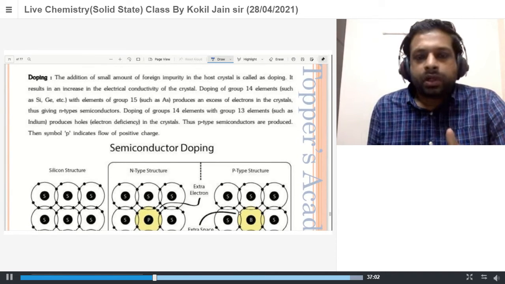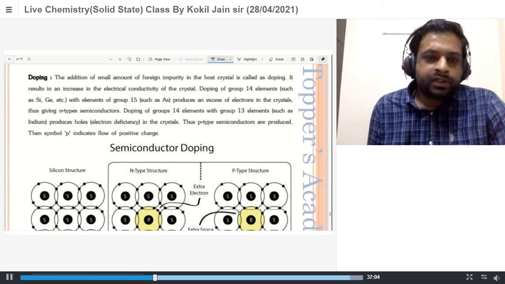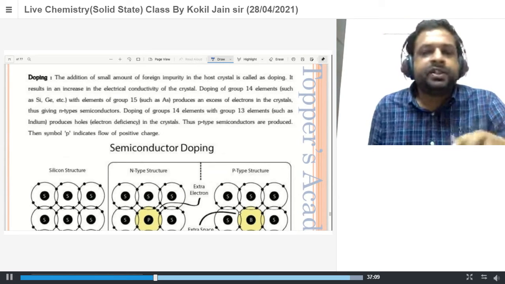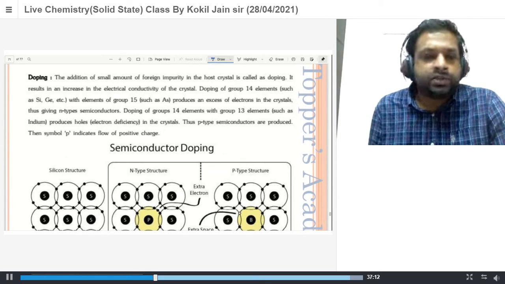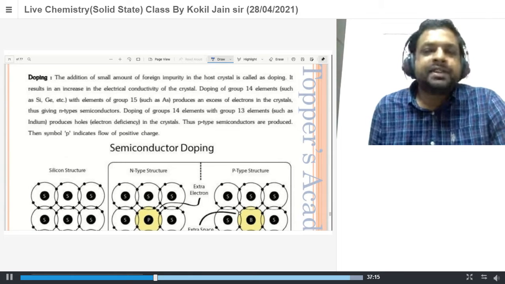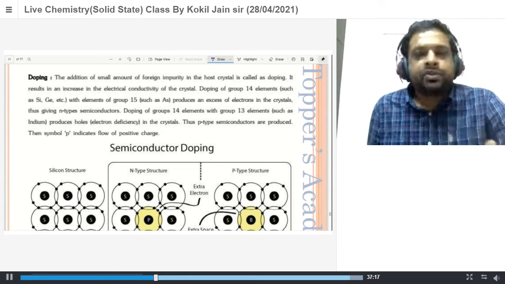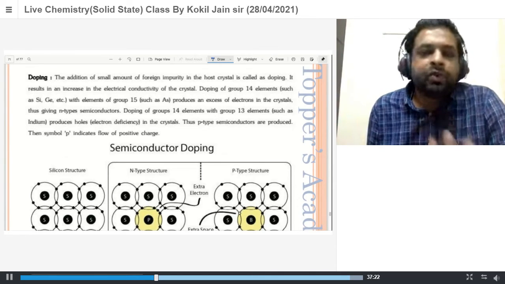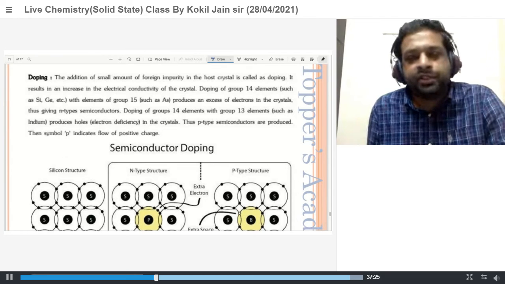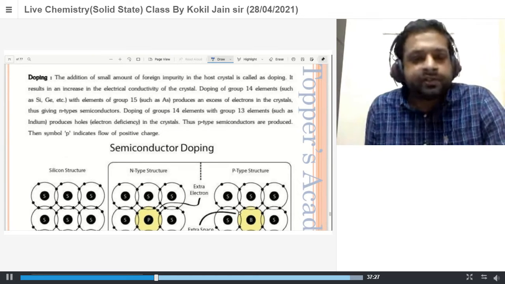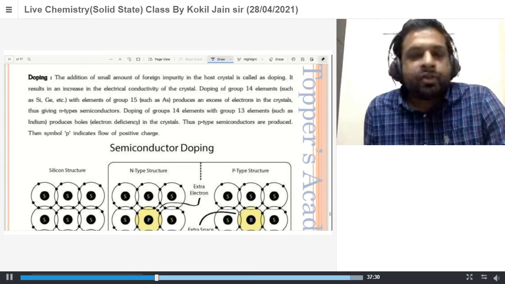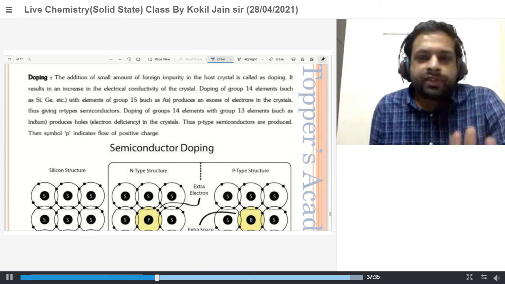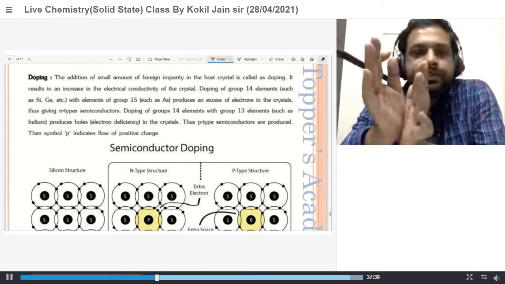Now earlier, whatever type of defects we studied were present due to holes or due to cations and anions only. Because of the disturbance in arrangement, whether it was Schottky defect or Frenkel defect, or metal excess defect due to anion vacancy or metal excess defect due to extra cation, whatever defects till now we studied were of those types only, where we were dealing with only those cations or anions.